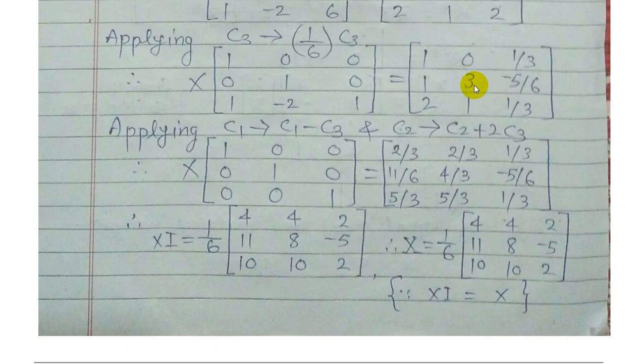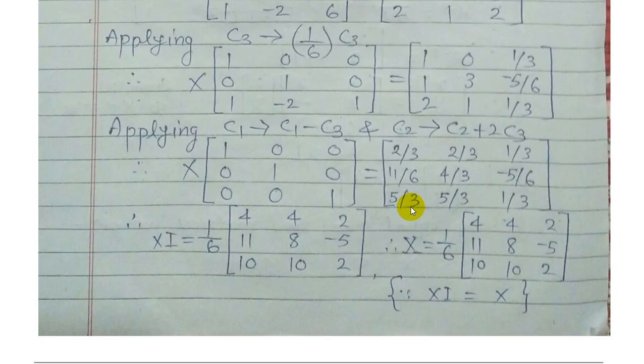That is 3, it is a plus sign, so 3 minus this one becomes here 4 by 3. And this will be minus 5 by 6 as it is, 1 by 3 as it is, 1 by 3 as it is.